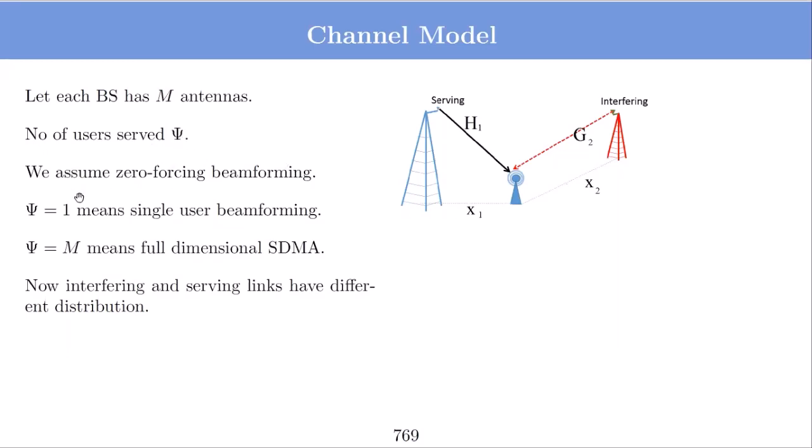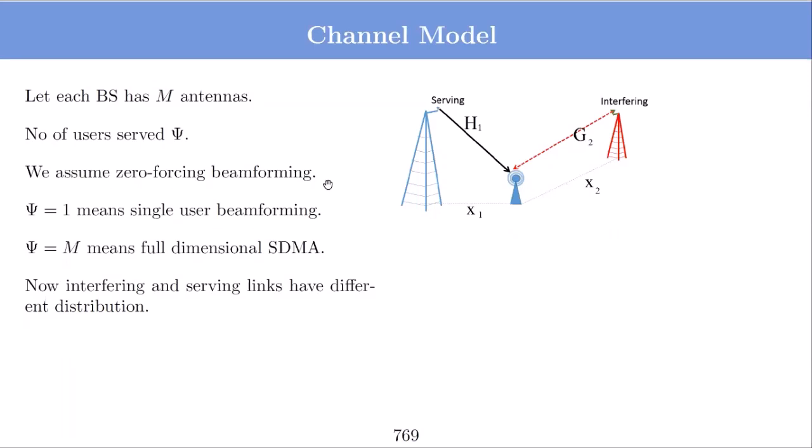For simplicity, we assume zero forcing beamforming. If you use different multiple antenna techniques, the analysis would change. I have just taken one particular multiple antenna technique, which is zero forcing beamforming.